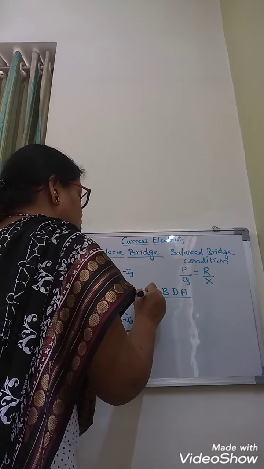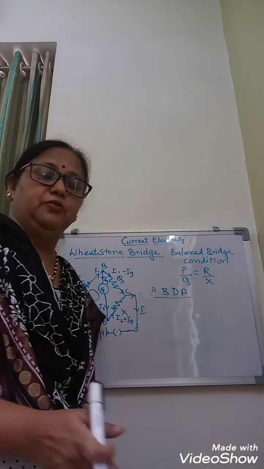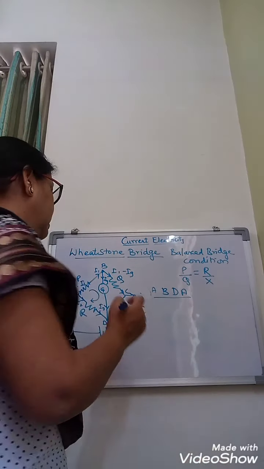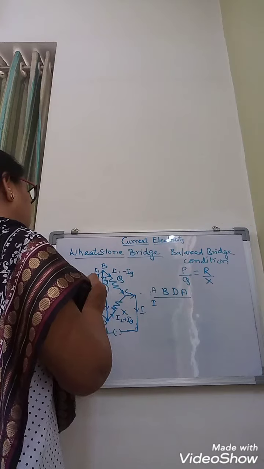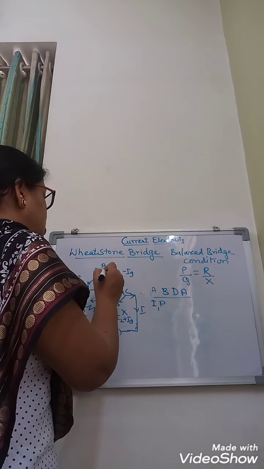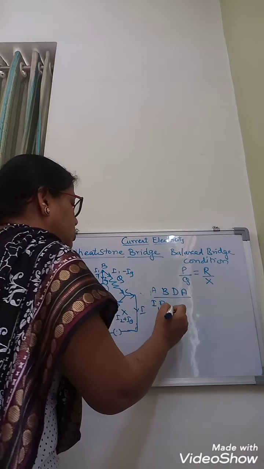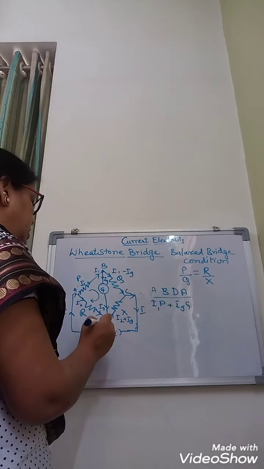If we use this loop, what is the equation? Let us write that. So that is I1 into P. This is the current, and we are also going in the same direction. Then we are going here also, so plus Ig into G, where Ig is current and G is the resistance.